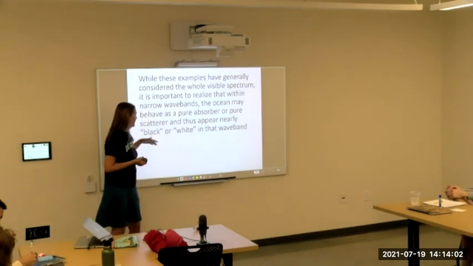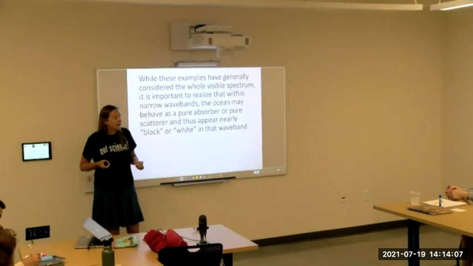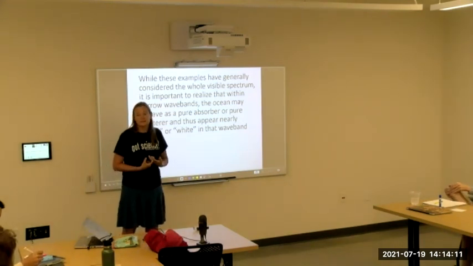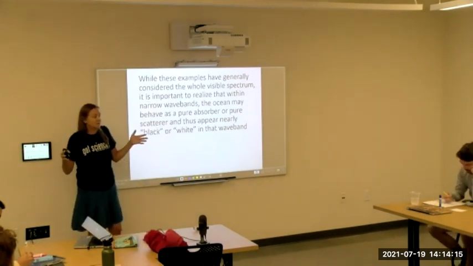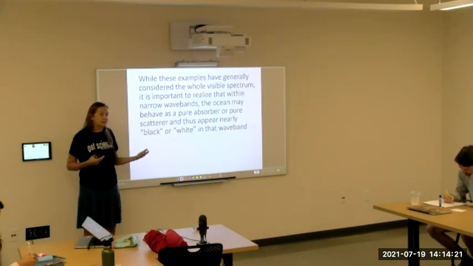And there are other wave bands where the absorption is so low and scattering is high, and so you can model it as a nearly perfect scatterer. And that changes over the spectrum. So depending upon what wave band you're in, you can make some approximations that can really help you understand the processes giving rise to the light field.